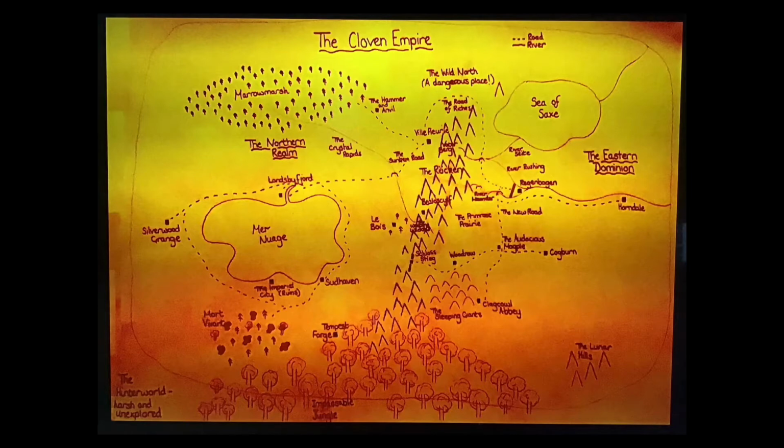My map ends at the edge of the paper, and you can see that the area around the outside is labelled as the Hinterworld, unexplored. It was important for my story that the world have very clear borders with levels of unknown beyond the edges of that, so that extra beings cannot enter the world from the outside.